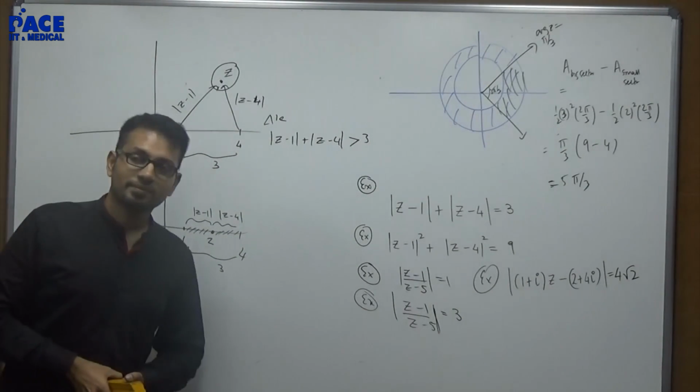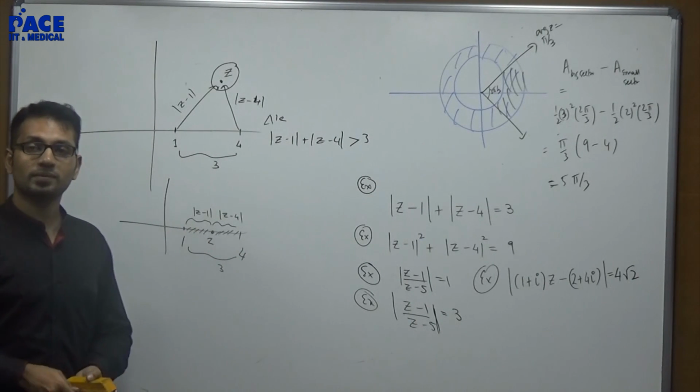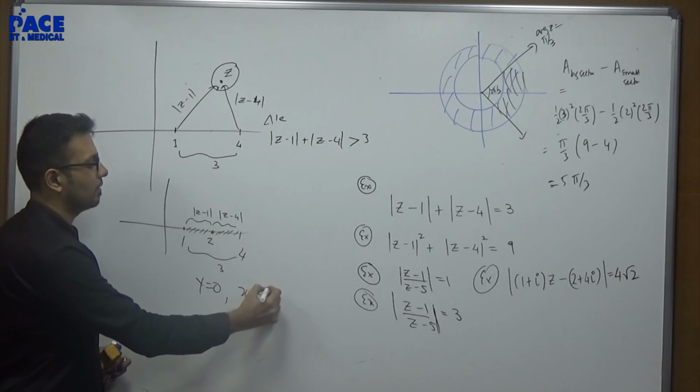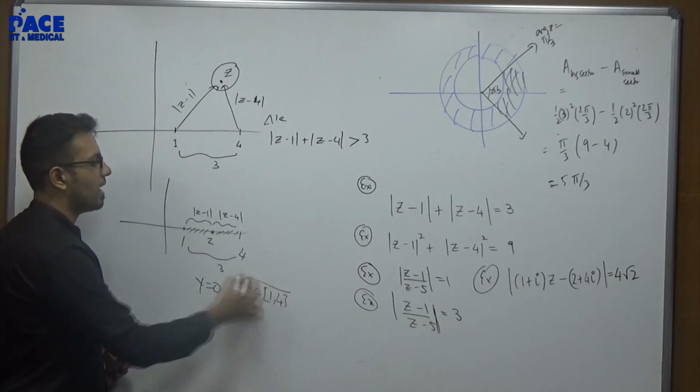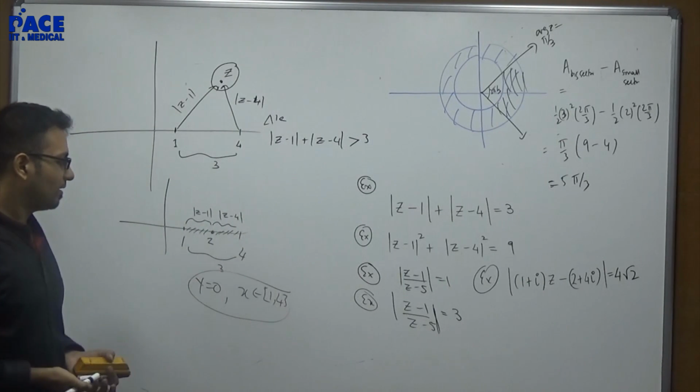What is this line? The x-axis. Y equal to 0. हो गया. You don't need to do anything. Why are you so concerned about finding the equation of the line? Okay. Yes.